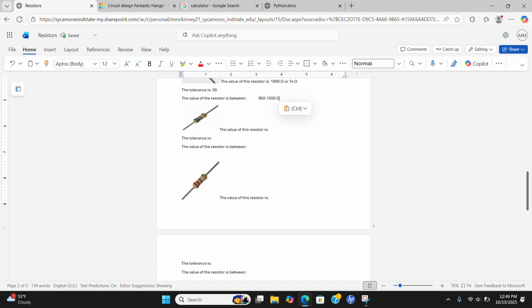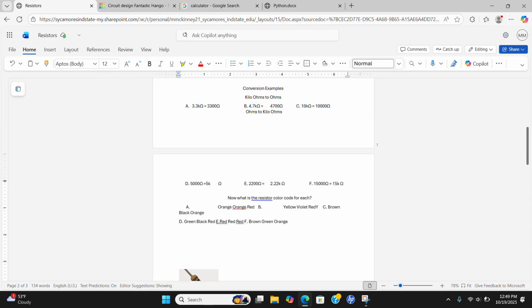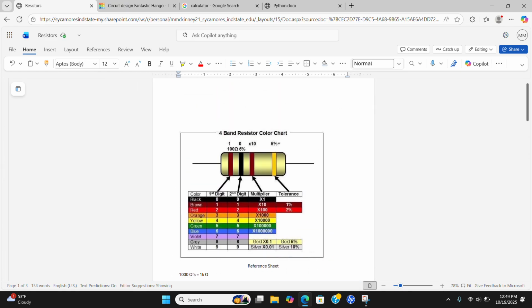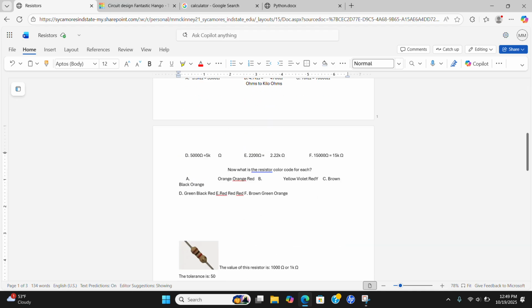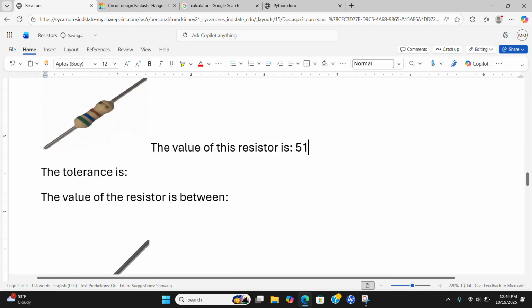So what's the value of this resistor? Let me zoom in. So it's green, blue, brown. So the green is 5, the blue is 6, and brown is 1, so 5, 1, and since it's a brown, you just add another 0, 510 ohms.